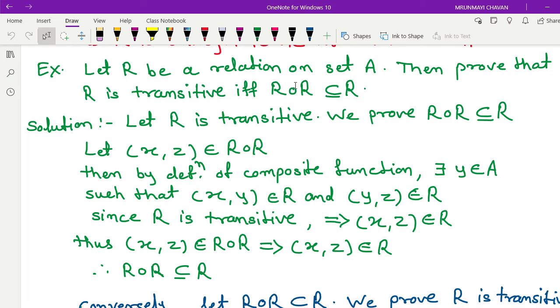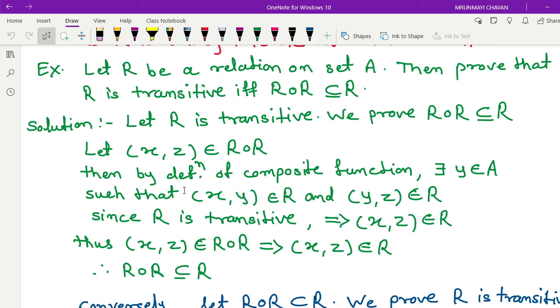Let R be a relation on set A, then prove that R is transitive if and only if composite relation of R and R is subset of R, or R circle R is subset of R. So here also we have to prove that if R is transitive, then prove that R circle R is subset of R. And conversely, if R circle R is subset of R, then we have to prove that R is transitive.